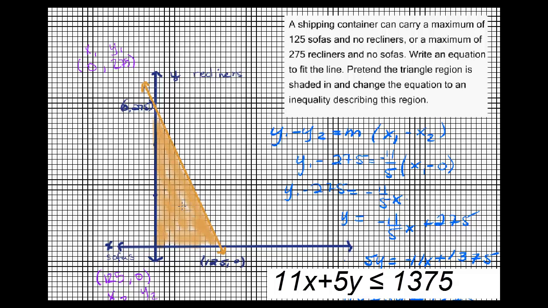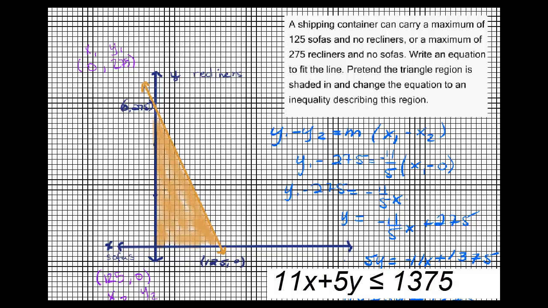The graph has a solid line rather than a dotted line, because that indicates that the points on the line itself will be part of the solution set. This will be true anytime the inequality symbol has that equal bar in it. So we've completed the inequality; we've changed our equation to an inequality.